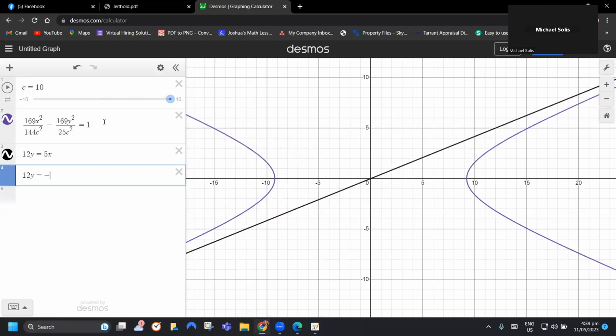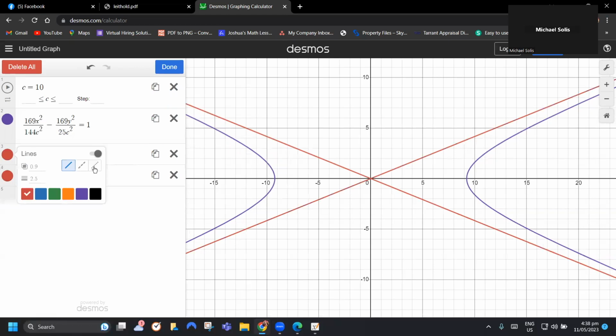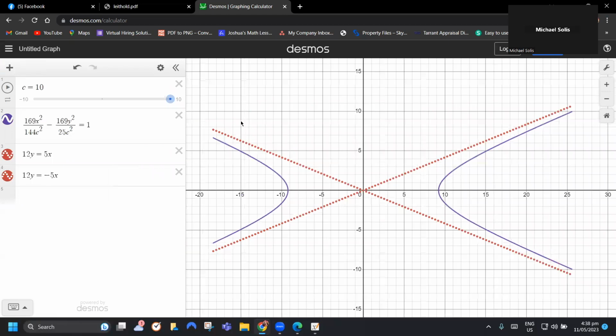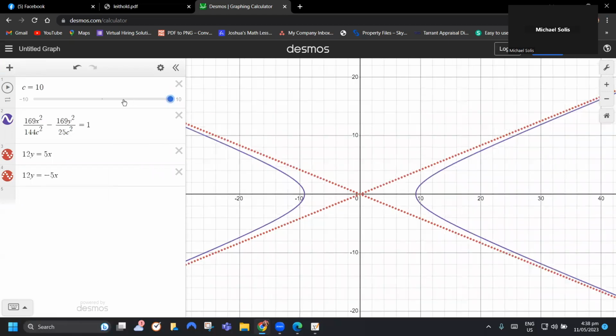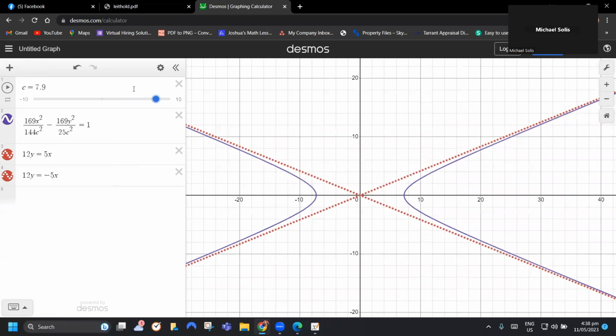And then gamitin mo yung, ano yung option na ano? Di ba yung meron tayong dotted yung graph? Ayan. And then i-adjust mo yung slider. Diba? So same asymptotes, but we're dealing with different hyperbolae.